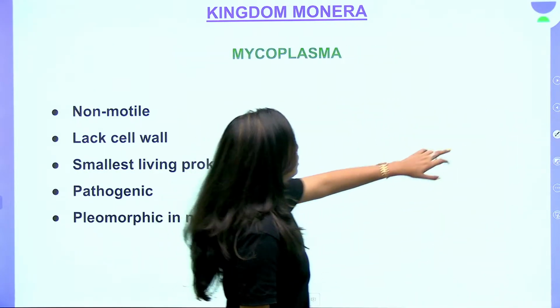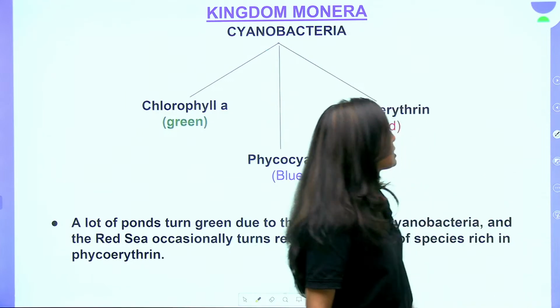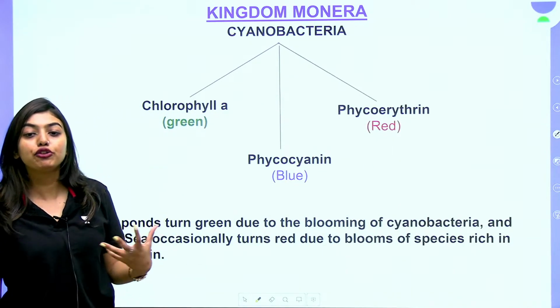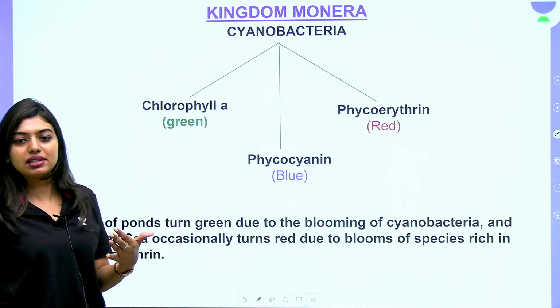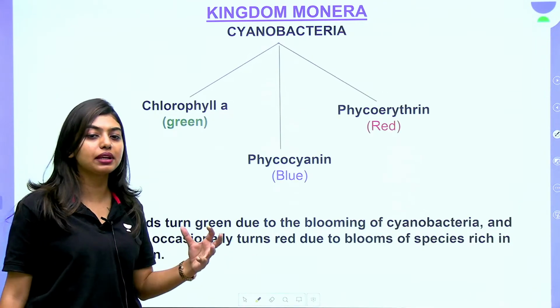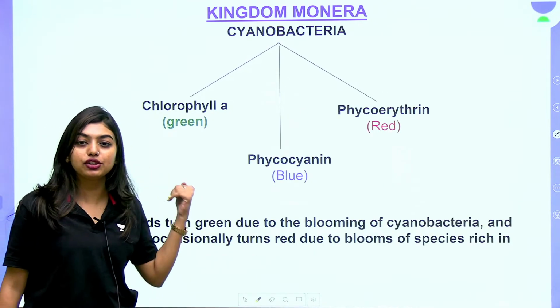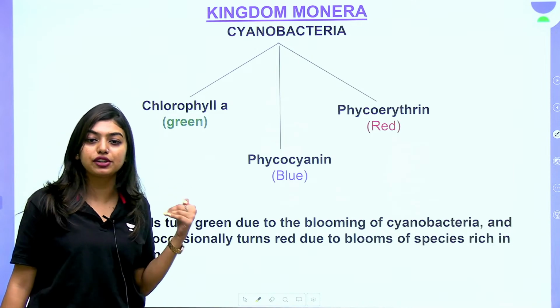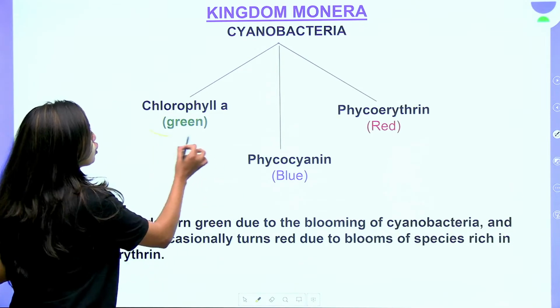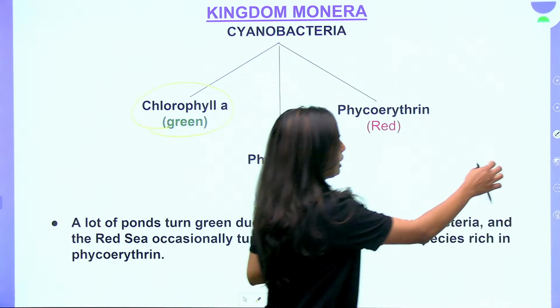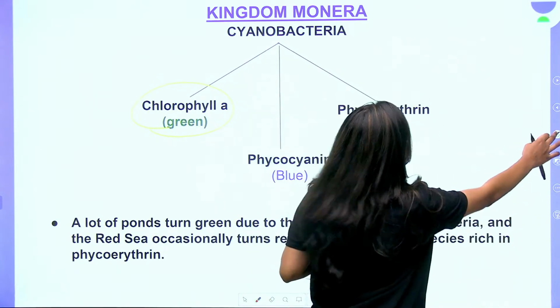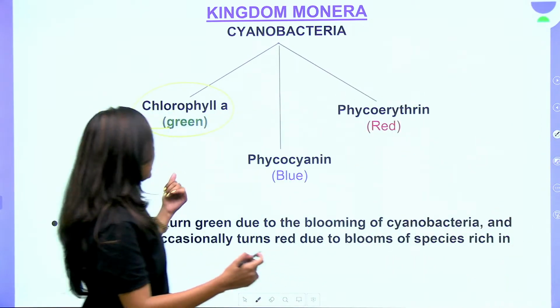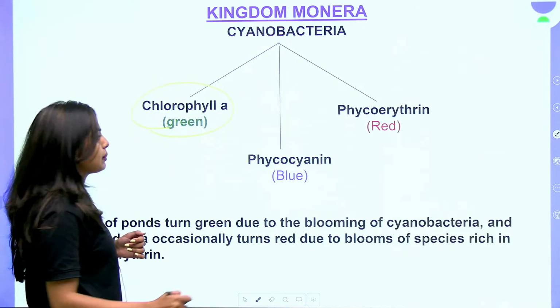Now, cyanobacteria have a few pigments. From the name itself, BGA, it should have some pigments. Here you are going to see chlorophyll A, which will give green color to the bacteria.